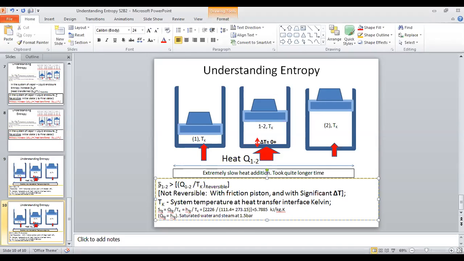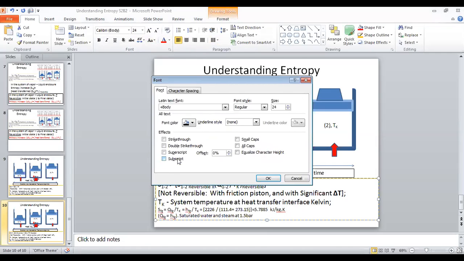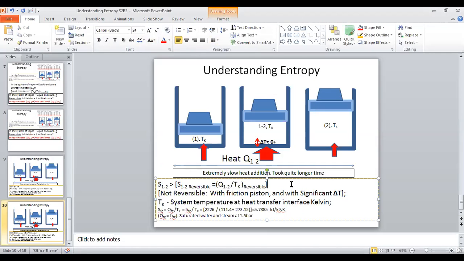Okay, S12 is bigger than S12 reversible. Yes, this is the situation.